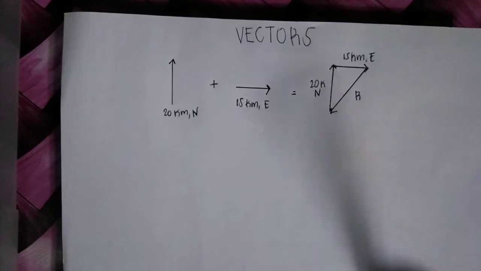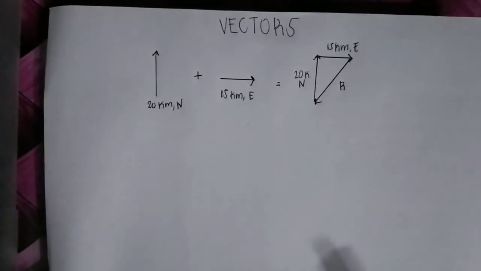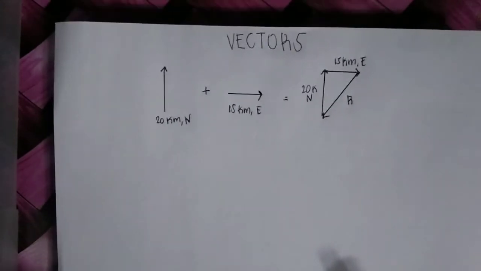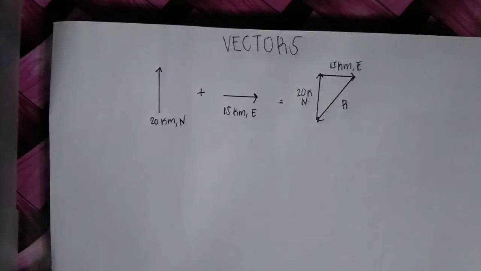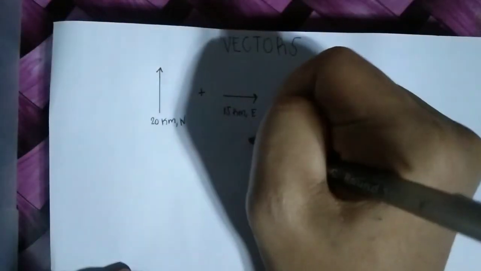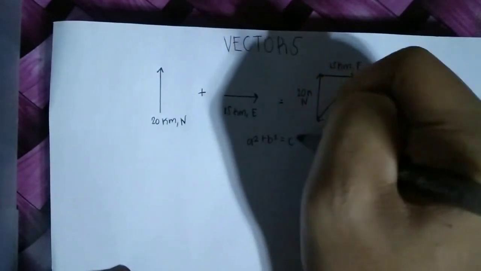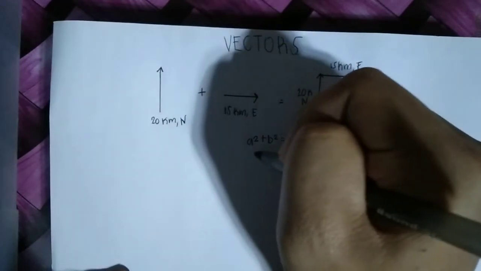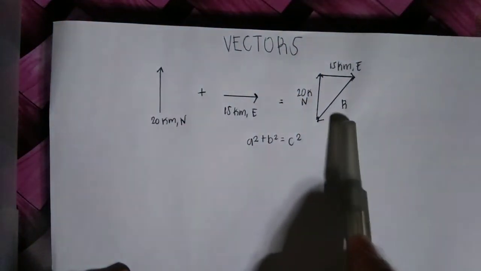Now that we have added these two different lines, we will solve for the resultant. We will use the Pythagorean theorem, which is a squared plus b squared is equal to c squared. And we will change the c to r because we are finding the resultant.